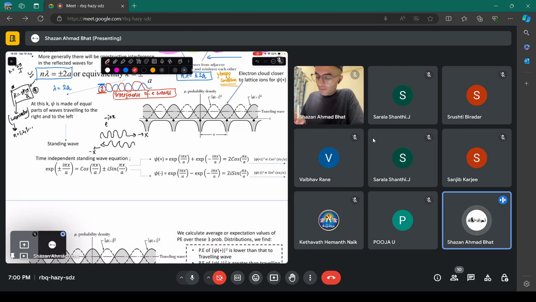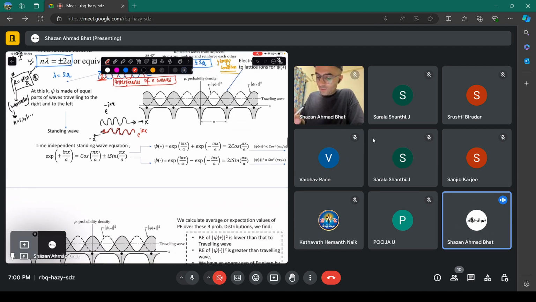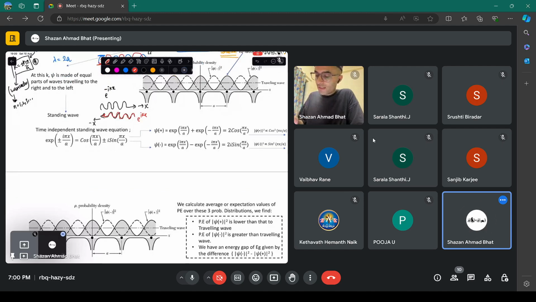So overall, when a wave with the same frequency is going in this direction and coming reflected back in this direction, you get what is called a standing wave or standing wave pattern, or a stationary wave.